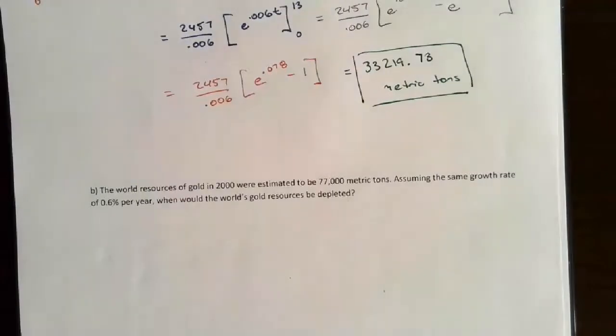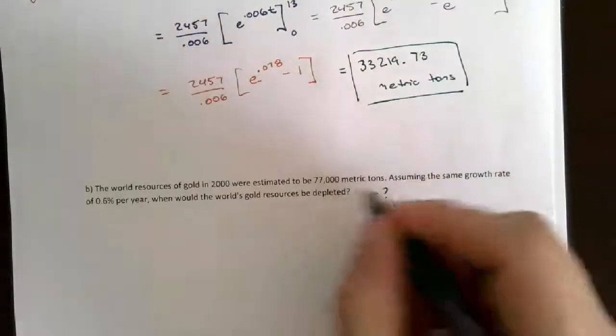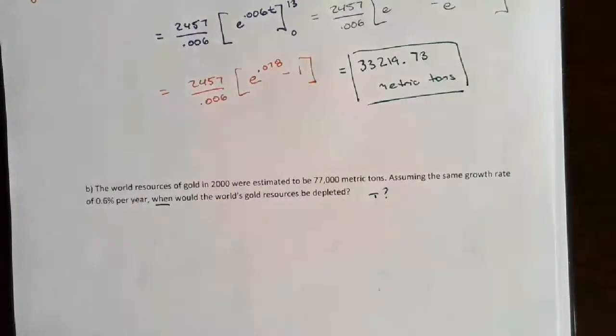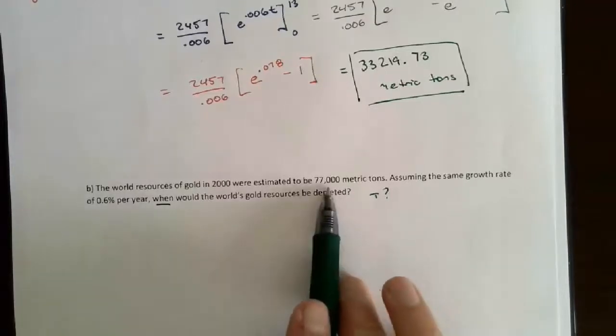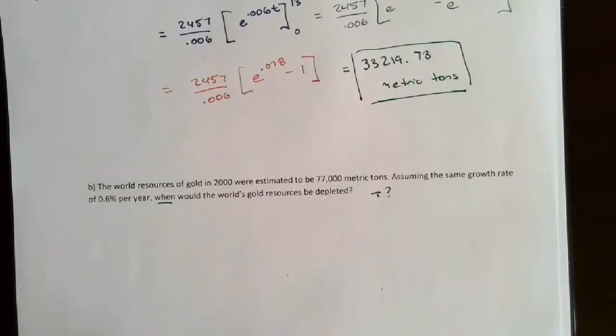Assuming the same growth rate of 0.6% per year, when would the world's gold resources be depleted? What we're really saying is that we're trying to find capital T. They're saying depleted means when all 77,000 metric tons are used. So how many years will that be?